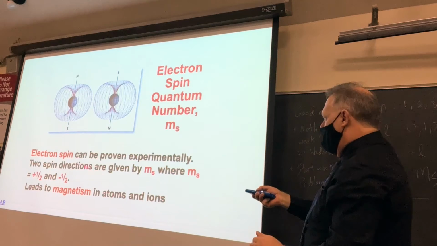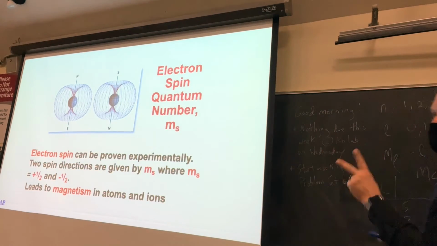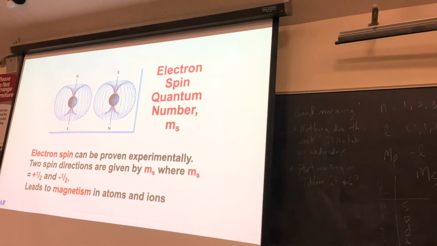So when we have M sub s values, there's only 2 values, positive or negative 1/2. And positive 1/2 means that the electron is spinning in the same direction as your external magnetic field. On the other hand, if you have an M sub s which is minus 1/2, then that means it's going against the external magnetic field.